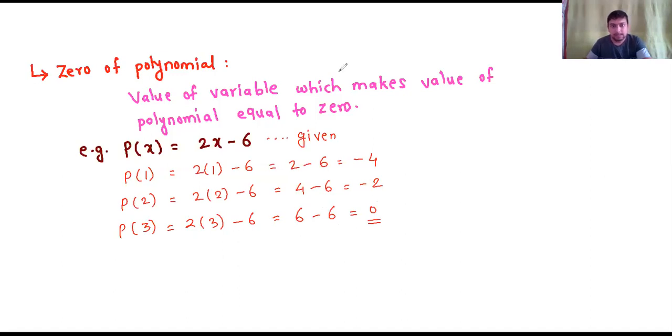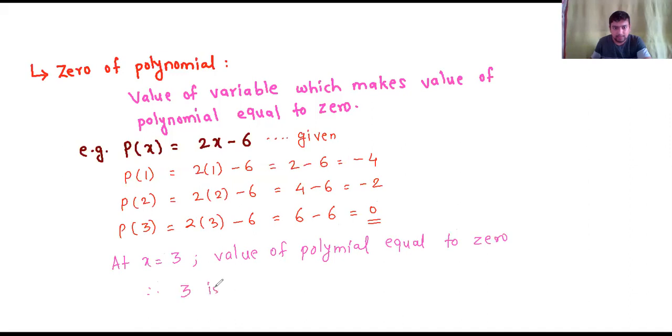That means, can I write at x is equal to 3, value of polynomial is equal to 0. Therefore, 3 is called as zero of given polynomial.